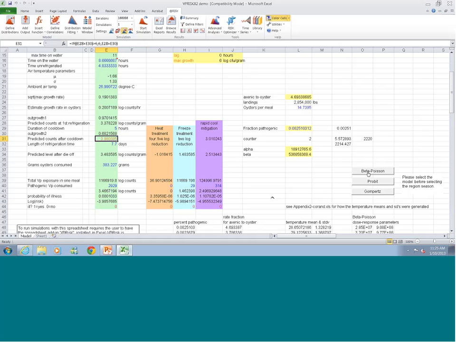Back up here in row 31, we had the number of Vibrio per gram of oyster flesh at the time cool down was complete. One of the things this risk assessment was doing was trying to find out how effective heat treatment would be in reducing the illnesses. So this beige column is basically saying, suppose we required by law or regulation that all oysters must be cooked.